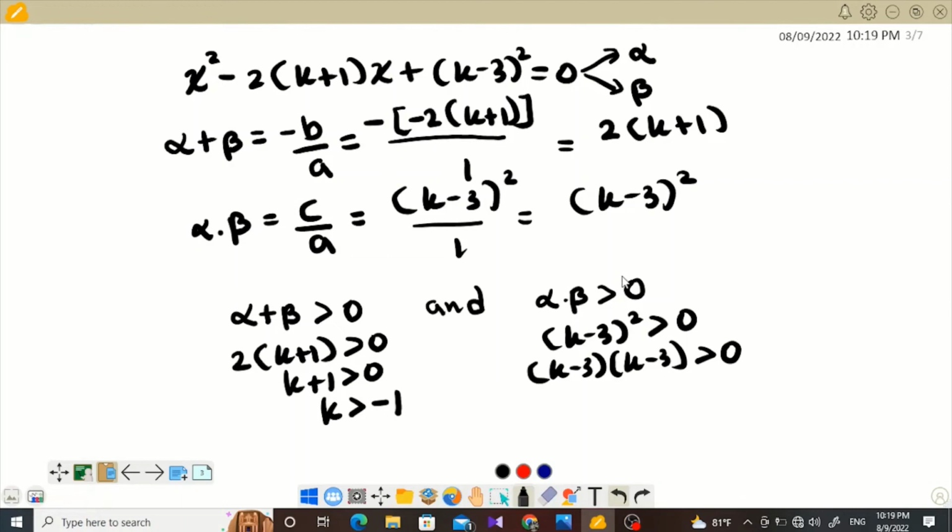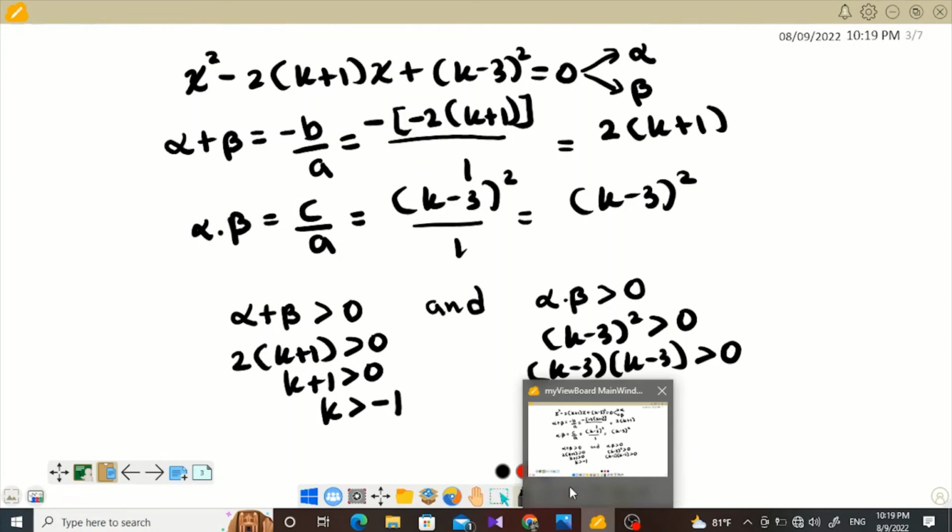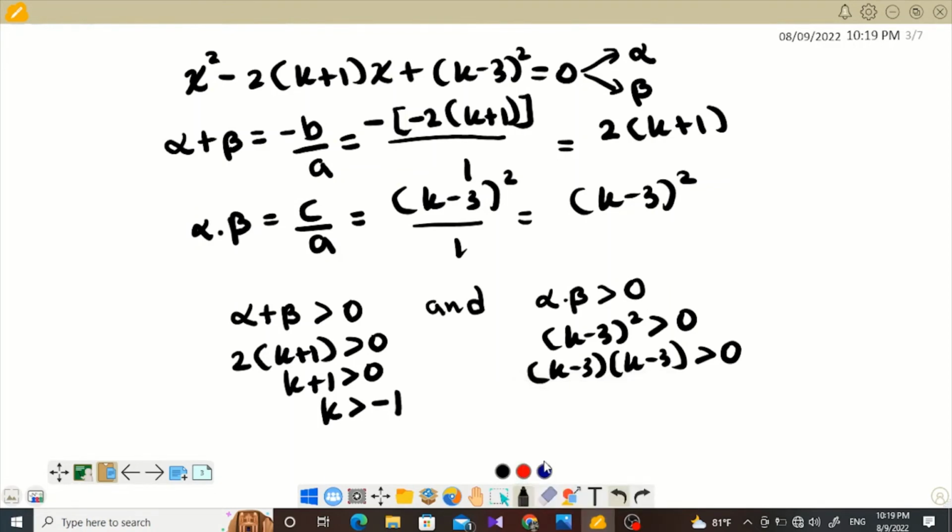So we have to consider both situations. I first consider the positive condition. If k minus 3 is positive, then k is greater than 3. Next, consider k minus 3 is negative, then my k value range is k smaller than 3.